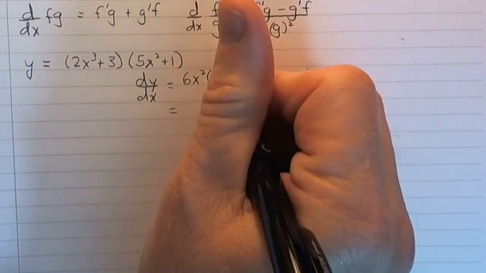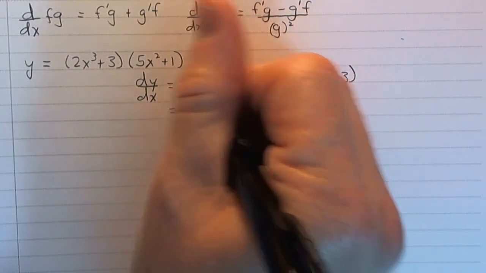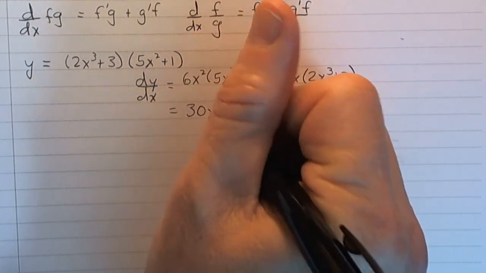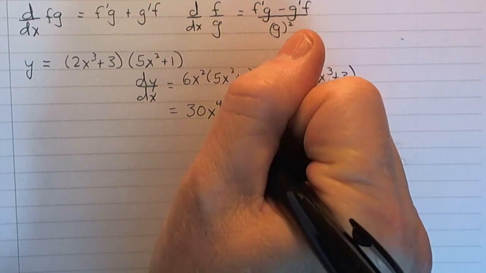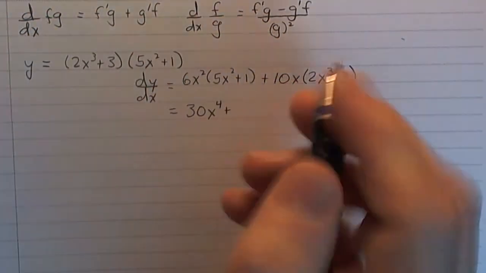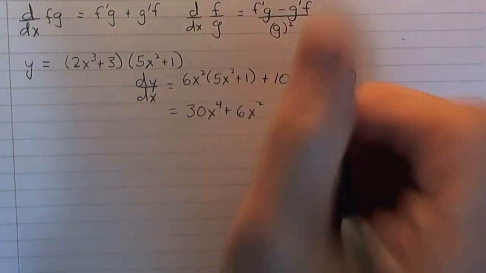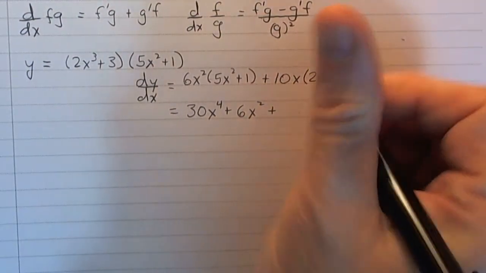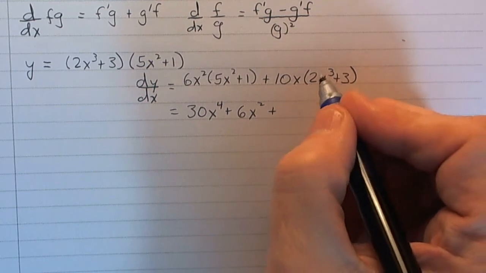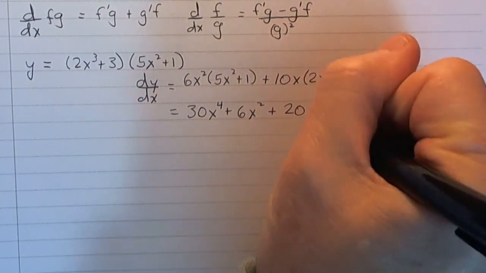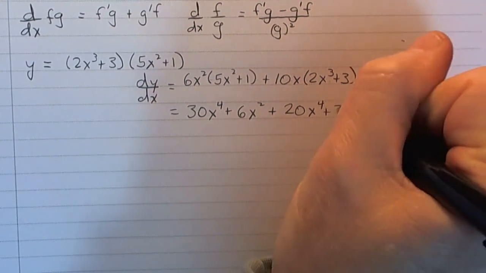So I'm going to clear parentheses here, and I get 6 times 5, that's 30. x squared times x squared, that's x to the fourth, plus 6x squared. See that? And then plus this one over here, I clear parentheses over here, and I get 20x to the fourth plus 30x.